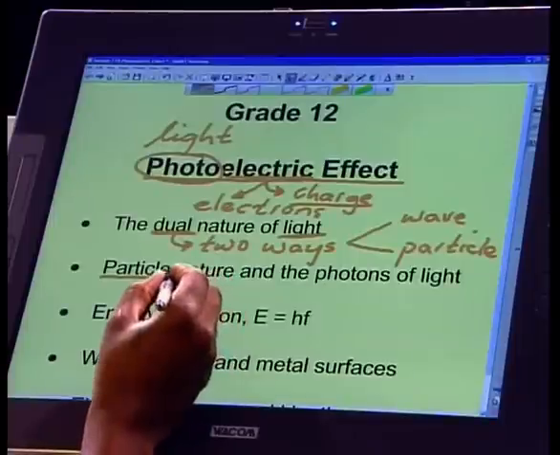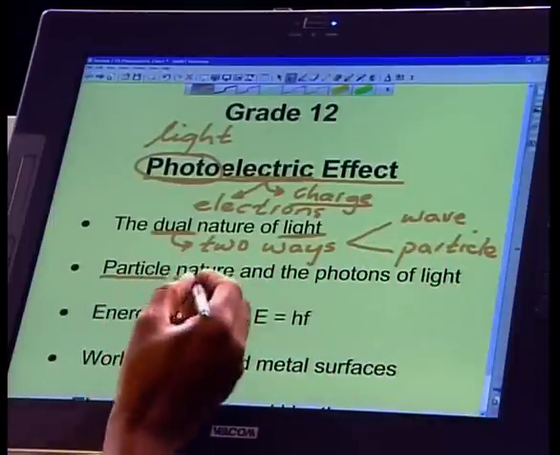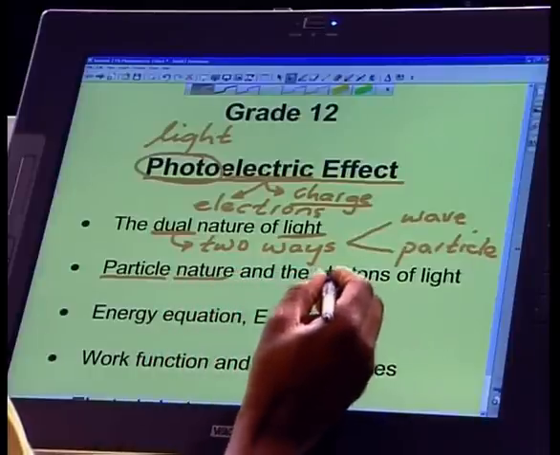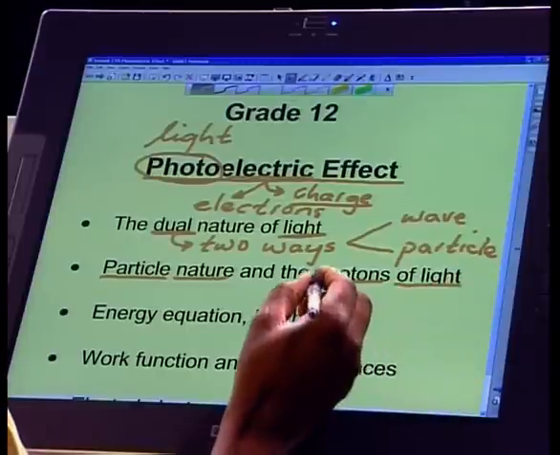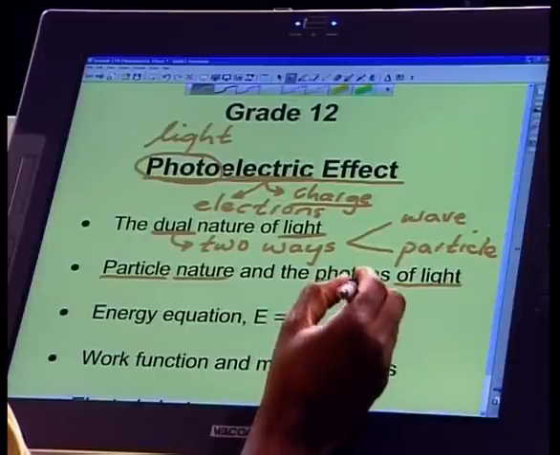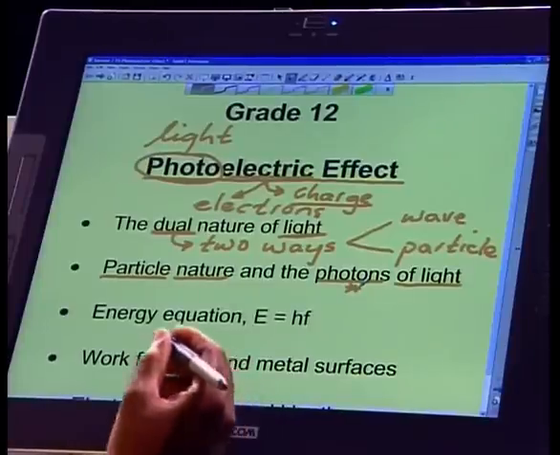The second bullet here talks about the particle nature, as I've already indicated there. So this one, in particle nature, it is related to light having things called photons. Now, this is something I'm going to explain further as we move on in this lesson.